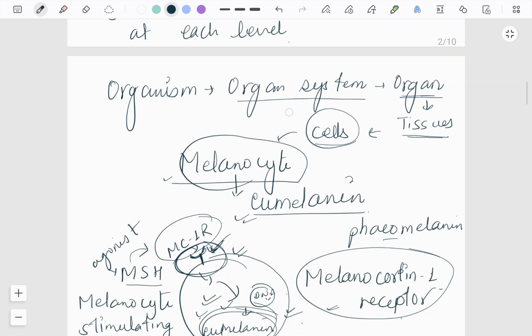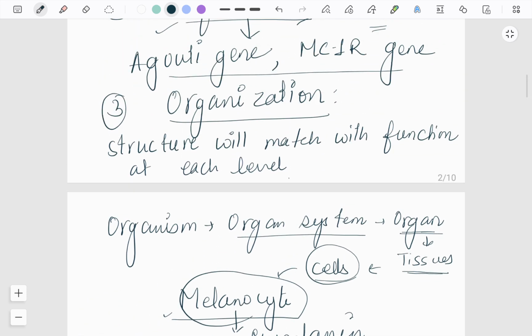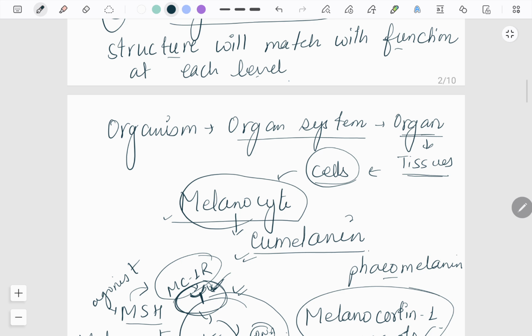So you can see that at each and every level of organization, the structure will meet the function. For example, I gave the example of this organism and the organ skin. Now inside there are tissues, the cells, and inside the cell there are molecules, cell organelles. Suppose nucleus.